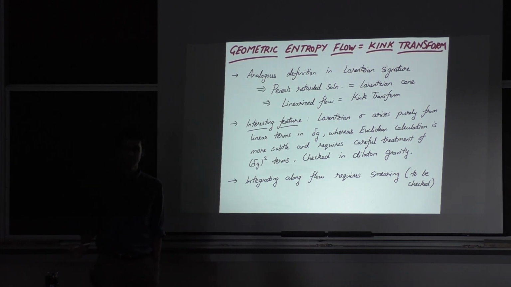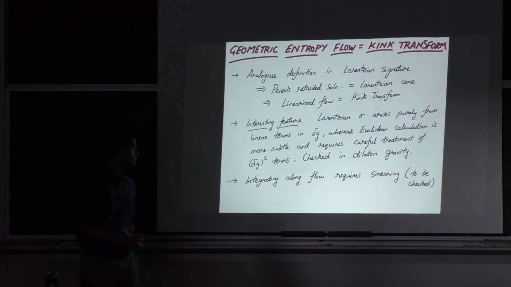I hadn't appreciated this before working on this: when you consider a shift in the conical defect angle, there's a linearized term that gives you the Wald term, but there are also these higher second order terms that you need to be careful about, which give you these extrinsic curvature terms. It turns out that the Lorentzian calculation is actually nicer in that you only look at the linearized piece and extract both the Wald and extrinsic curvature terms. So it's sort of a more convenient derivation.